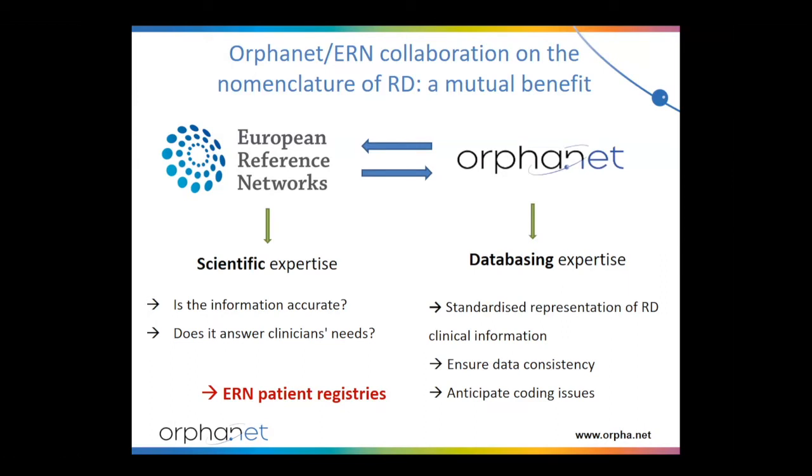Generally speaking, the role of the ERNs is to review the scientific accuracy of the information, share with us their experience as clinical experts, and if they see inconsistency, help us identify what needs to be done with the information. On the other hand, we at Orphanet provide databasing expertise by transposing the currently available knowledge into a structured, consistent, and standardized system. We aim to facilitate the collection of new data on rare diseases in Europe, and we help ERNs organize their data.